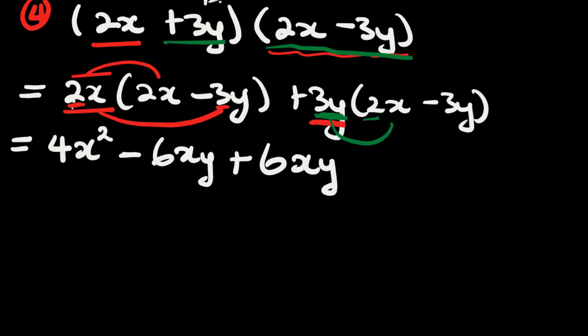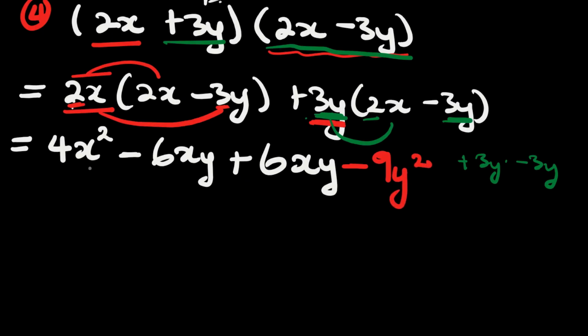Now moving on to 3y multiply the negative 3y. So plus 3y multiply negative 3y. What happens first? We deal with the signs, a positive and a negative. We know we get a negative. Then we're multiplying 3 times 3, we get a 9. Now we're multiplying y times y, we get y squared.